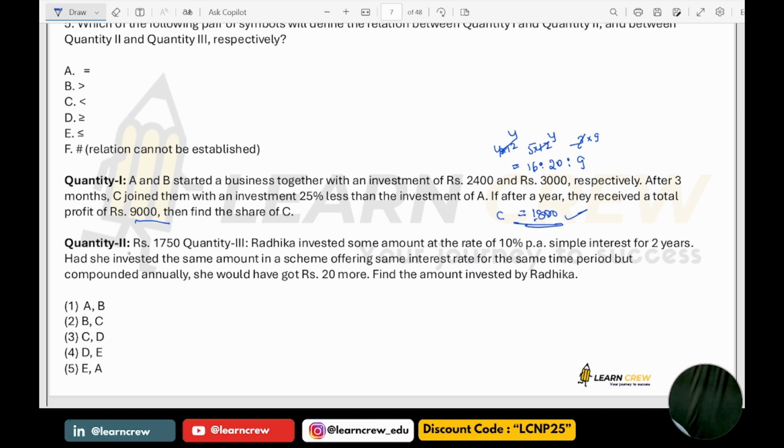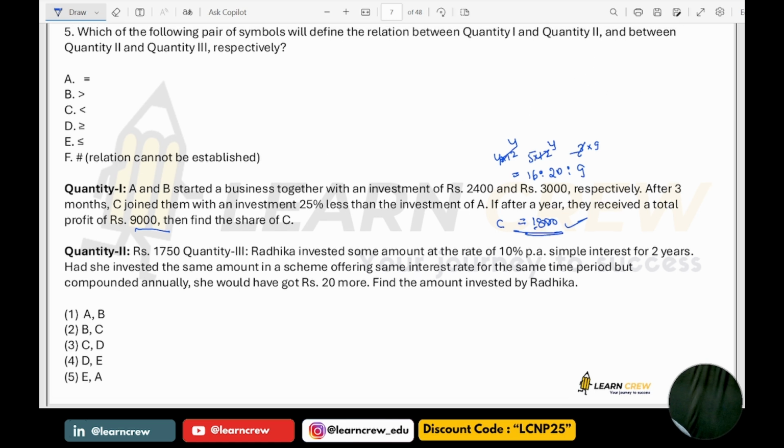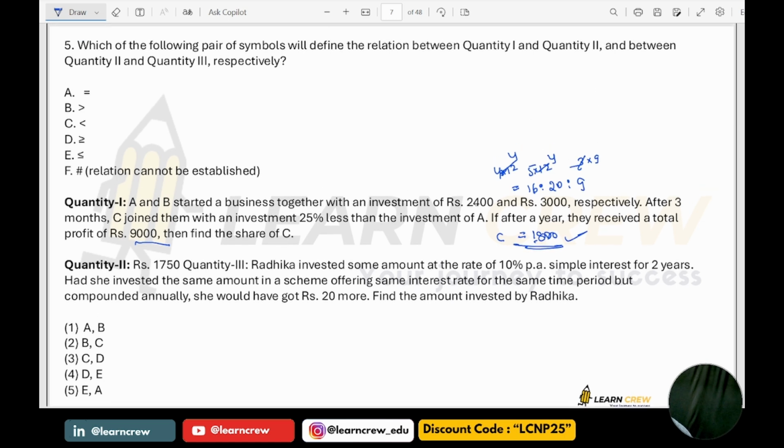And the second quantity, if you see, quantity 2 is 1750 rupees. Quantity 1 is 1800. Quantity 2 is 1750. So what can you say now?